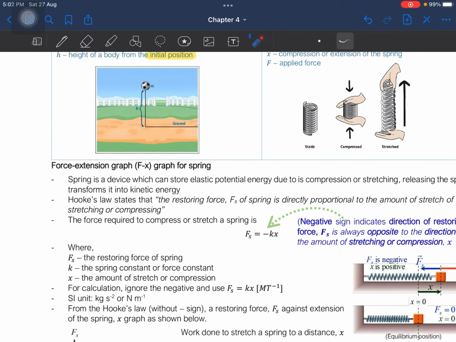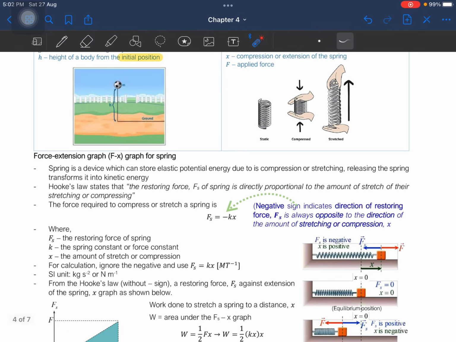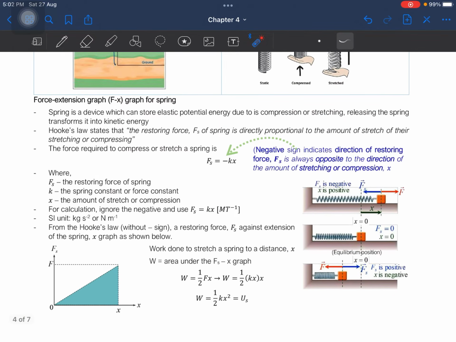Right, so now let's look at the graph dulu. Force extension graph. Okay, we know that spring is a device that we can stretch, compress, and then because of the ability, it can then store what we call elastic potential energy. Okay, so when we compress ataupun stretch, it releases the spring, and then we are actually transforming this potential energy into kinetic energy.